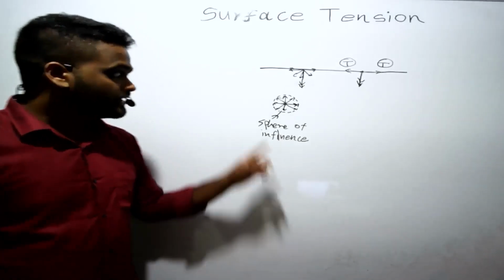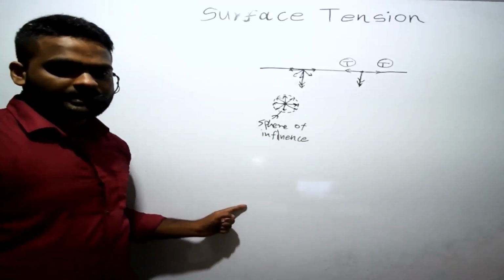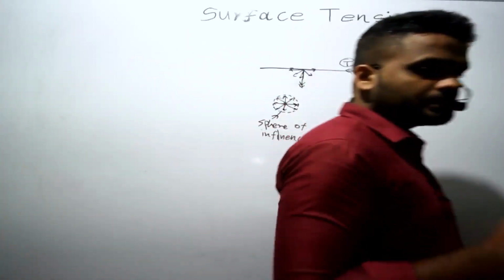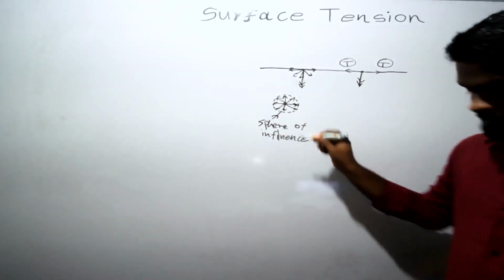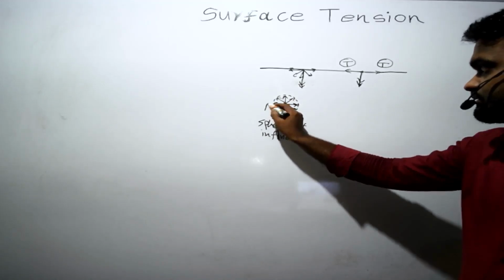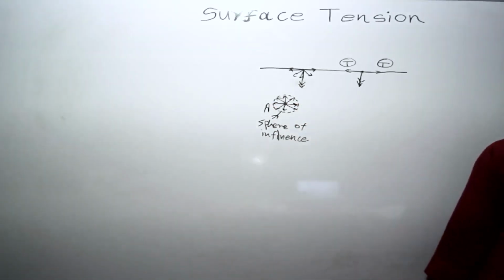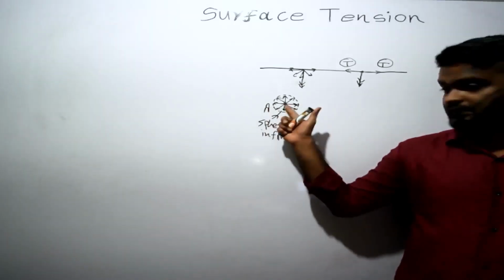Okay. Then write down the next point. A molecule like A, so this is molecule A, right?